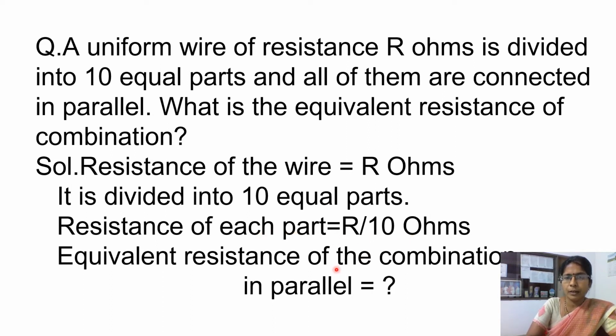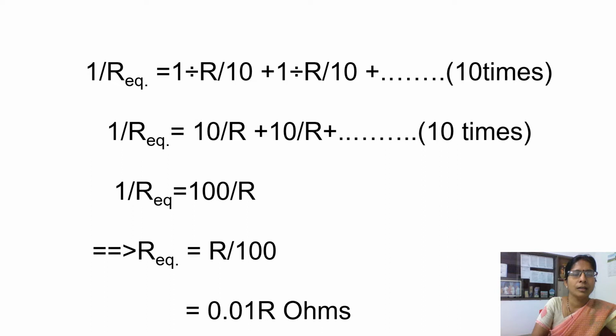Then we have to find the equivalent resistance of the parallel combination. Hence the equivalent resistance in parallel combination is given by 1/(R/10) plus 1/(R/10), and so on for 10 times, because the resistance of each part is equal to R/10.